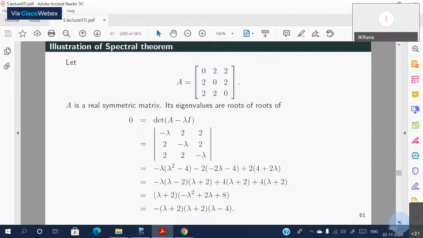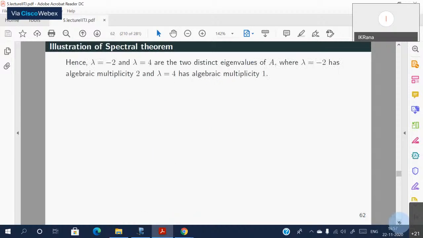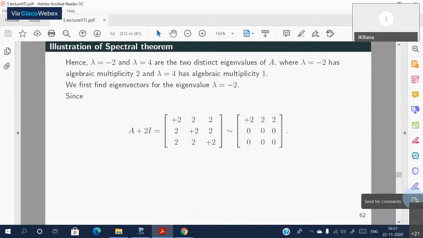And lambda equal to 4 is also an eigenvalue. For these eigenvalues, when you want to find the eigenvectors, you will have to solve A minus lambda I. Look at A minus lambda I, make it reduced row echelon form, and find how many pivots it has. It has only one pivot, so the number of independent variables will be equal to 2, so it will have two linearly independent eigenvectors for the eigenvalue.